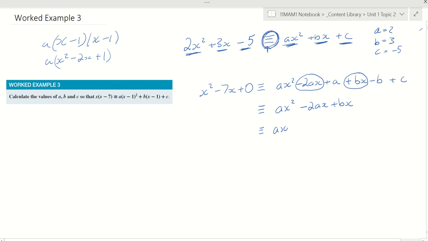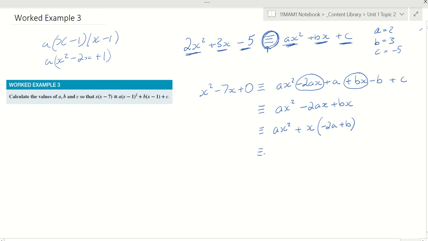So I've got ax squared already. What I'm going to do is I'm going to divide out or factorize out the x. So it's going to be plus x, and then I'm going to have my minus 2a plus b. So I factorized it out, I've divided out the x. If I multiply this back in, x times that gets me that, x times that gets me that. So this, in effect, is a coefficient and an x.